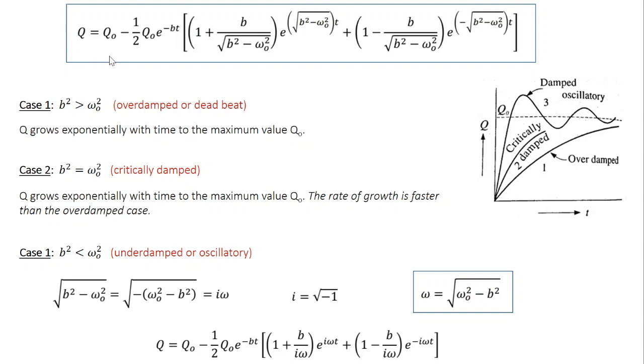So Q is going to be Q naught minus half Q naught e to the power minus bt into 1 plus b by square root of b square minus omega naught square, e to the power square root of b square minus omega naught square into t, plus 1 minus b divided by square root of b square minus omega naught square into e to the power minus square root of b square minus omega naught square into t.